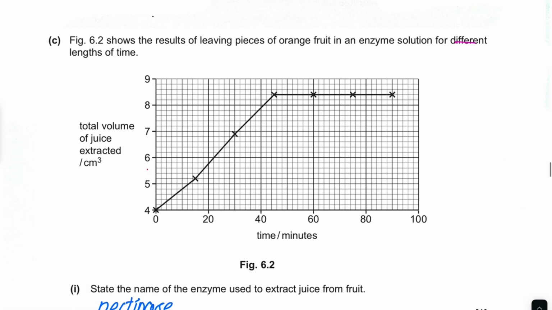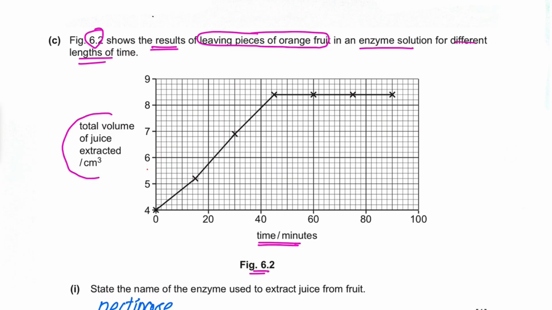Moving onward to the C part, they have given you figure 6.2, and here they are showing the results of leaving pieces of orange fruit in an enzyme solution for different lengths of time. Here they have given you the time in minutes, and the total amount of juice extracted in cm cube.